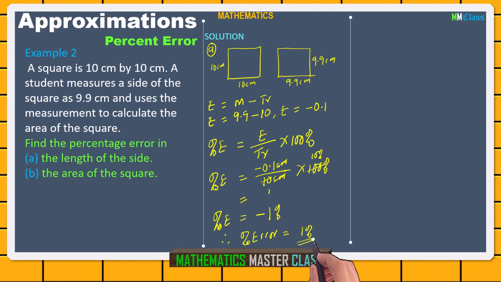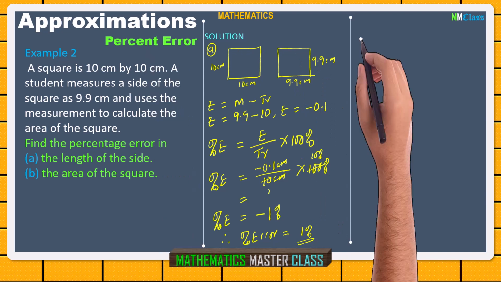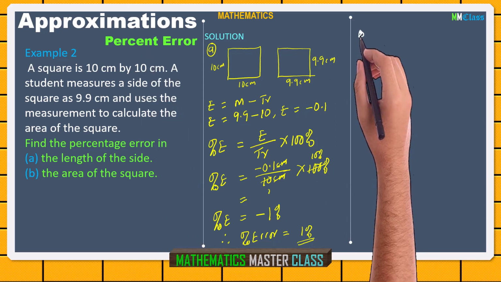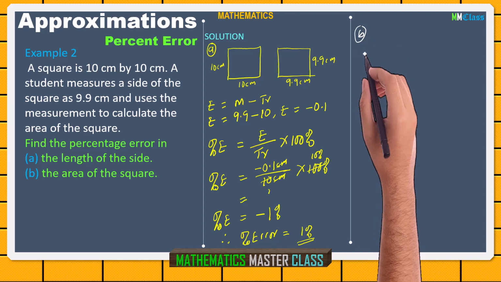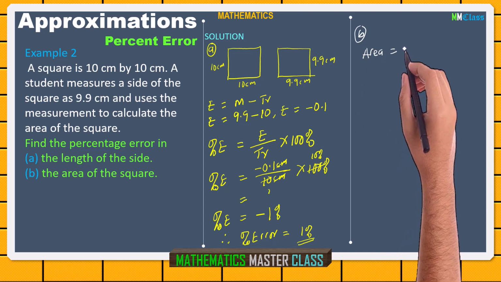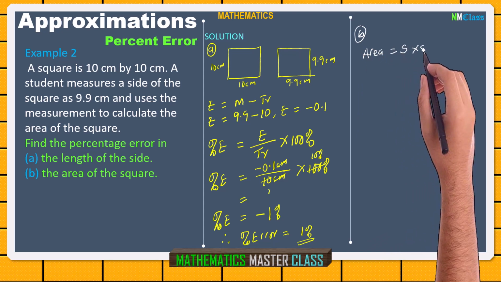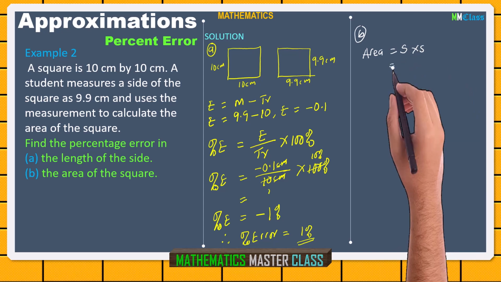Now let's go and find the percentage error in the area of the square. So it's the same square we are using, and this time we are calculating the error in the area of the shape, that is B now. We know that the formula for area of a square, area, is equal to x times x. This will give us x square.